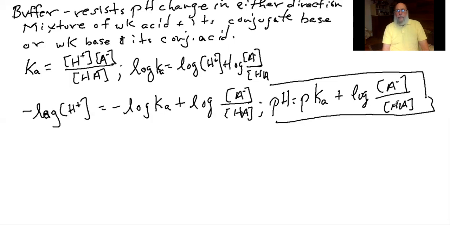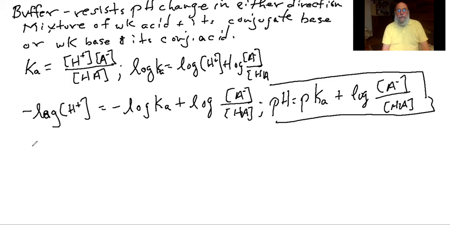And so that gives you the greatest buffer capacity. As it turns out, the concentrations aren't all that important. It's this ratio that's important in determining the pH. But the absolute amounts, you know, molarity, determine the buffer capacity. How much will it buffer before it ceases to be a buffer.